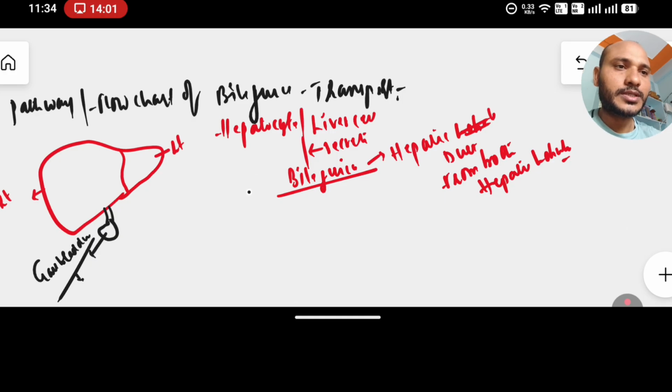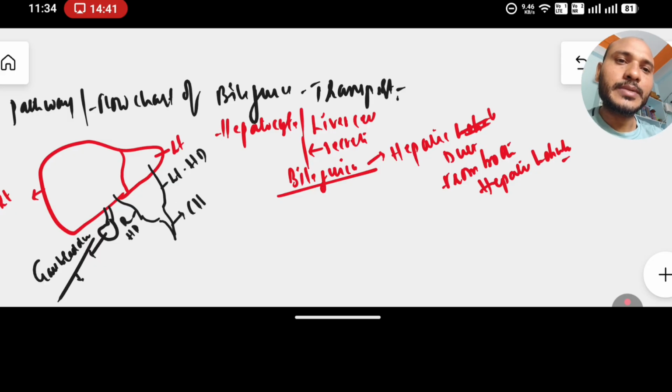See the hepatic duct from both hepatic lobes: from the right side, the right hepatic duct. These two ducts carry the bile juice from their respective hepatic lobes, and together form a common duct. That common duct is called the common hepatic duct.